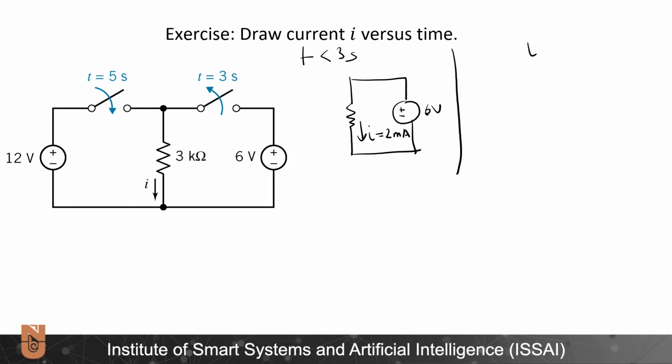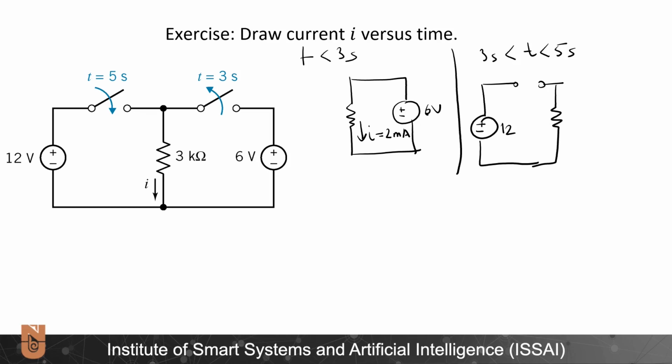Secondly, let us consider the time t between 3 seconds and 5 seconds. Between 3 and 5 seconds, both switches are open, so indeed the circuit is in this configuration. Here I have 12 volts, but it is not connected to the resistor.